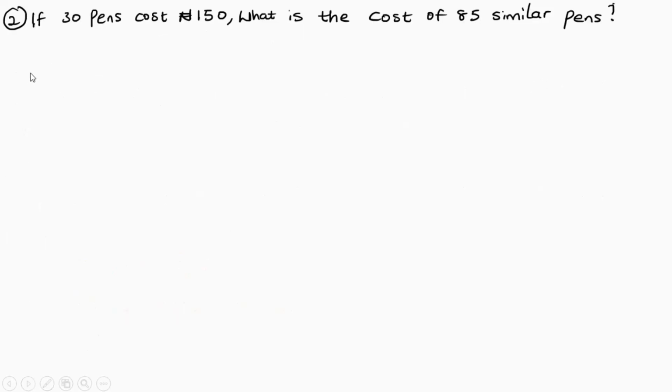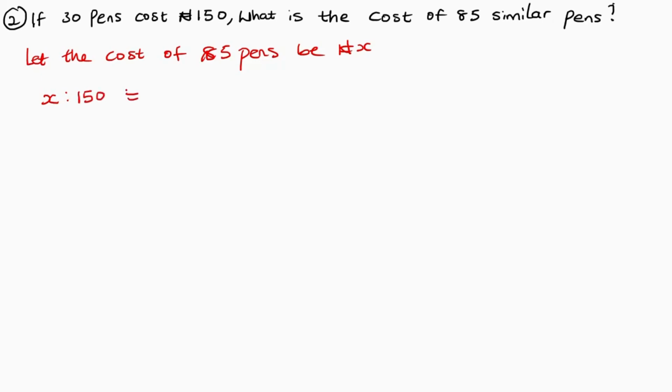Now we have another question that says, if 30 pence costs 150 naira, what is the cost of 85 similar pens? Let the cost of 85 pens be X naira. Since we do not know the cost, and the price is directly proportional to the quantities, we can see that X ratio 150 is equal to 85 ratio 30.